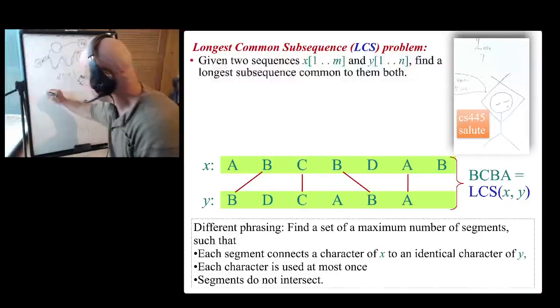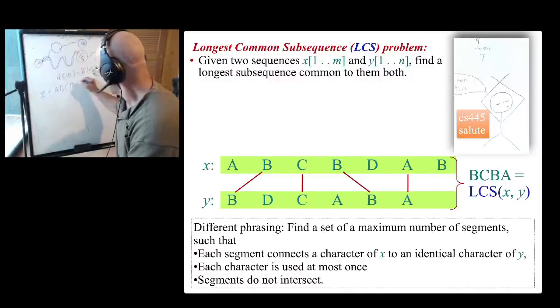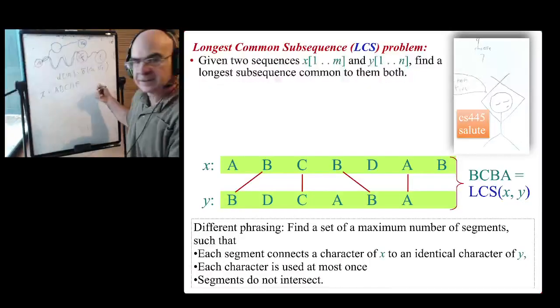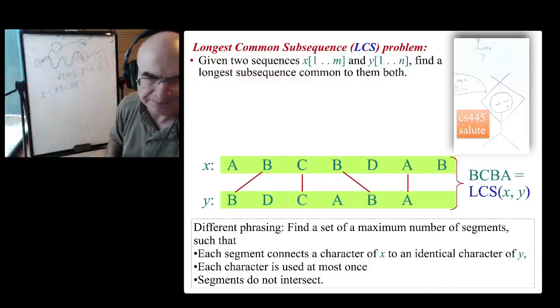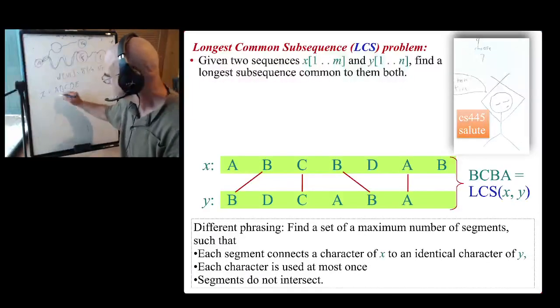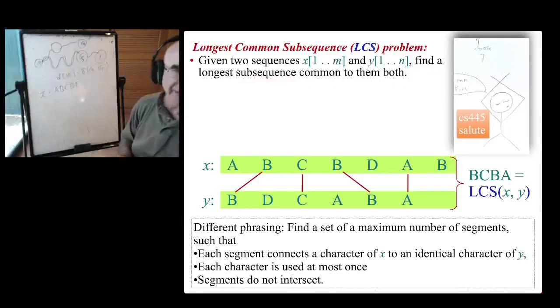Let's say that X equals A, B, C, D, E. How many different subsequences can I create?